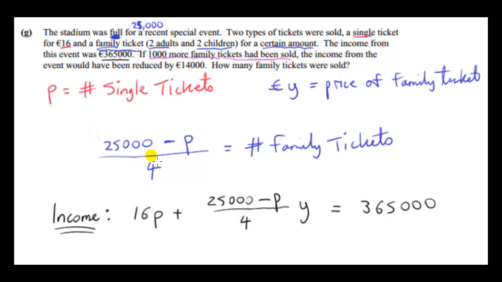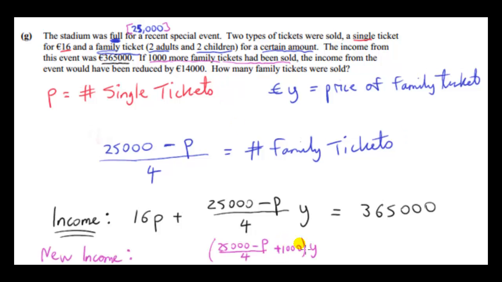So we would be adding 1,000 onto this, but that's going to affect the number of single tickets sold. Because remember, the stadium can only hold 25,000 people, so this is the constraint. We cannot change this figure. So if the number of family tickets goes up, the number of single tickets must go down.